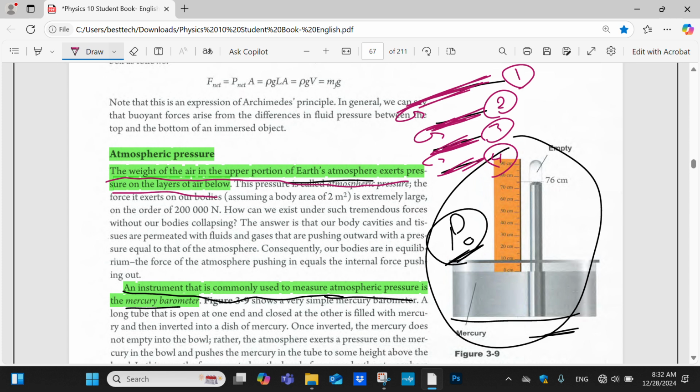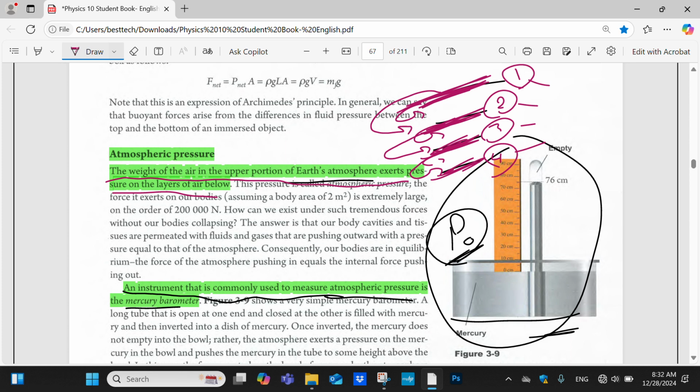For example, layer 1 makes pressure on the second layer, layer 2 on the third layer, and the third layer on the last layer. So to find the total pressure, you have to add all the pressures together.